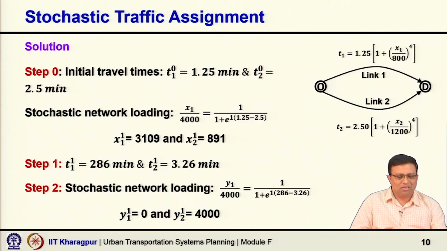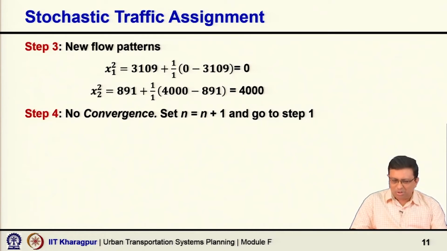go to step 1, that means again recalculate the travel time and then again do the stochastic loading, and this time it will not be 0 and 4000 because of the huge difference in the travel time. So, both will get some flow, that is the auxiliary flow, and again we will come back and update the flow for the (n+1)th iteration.